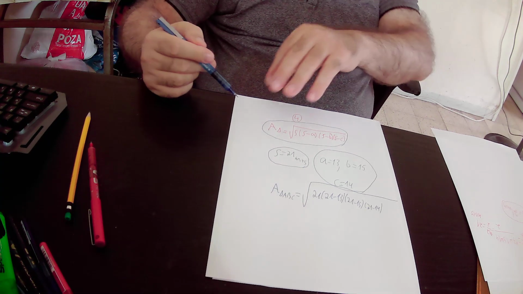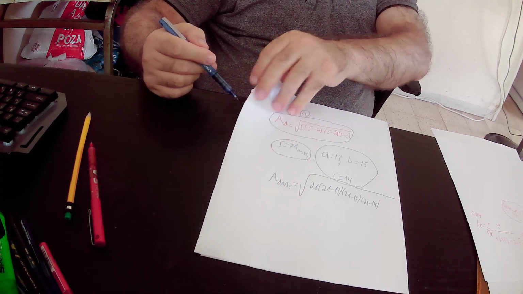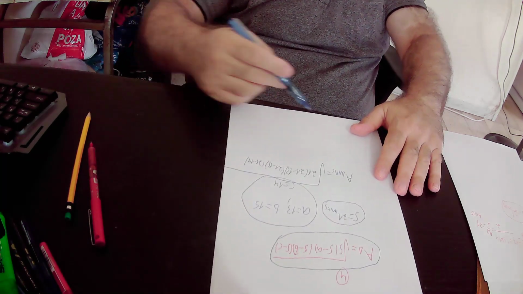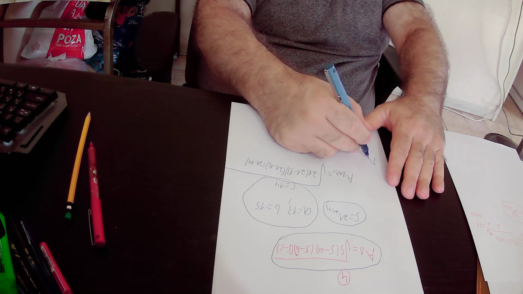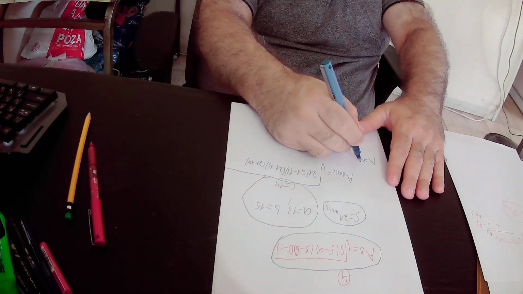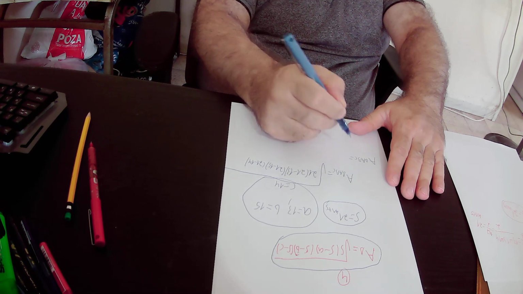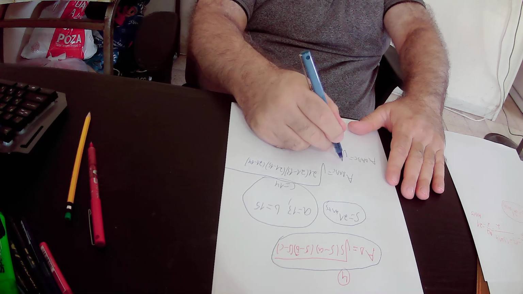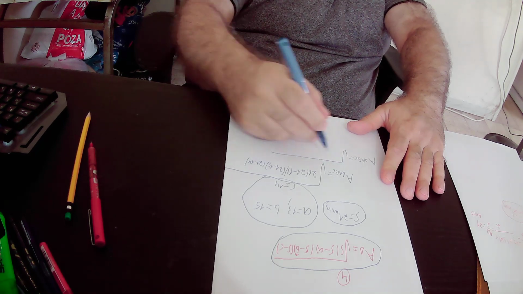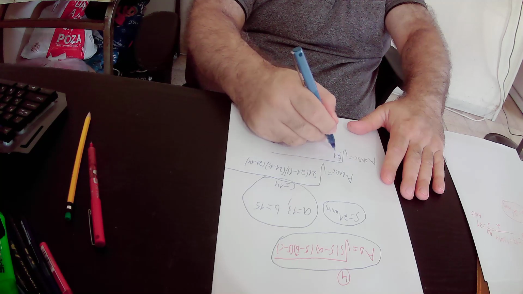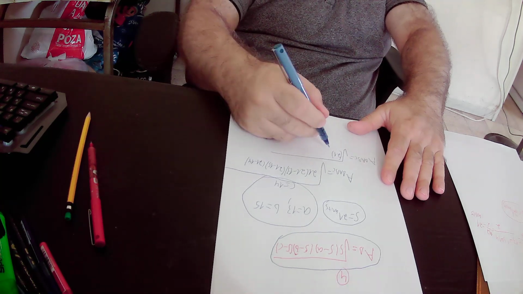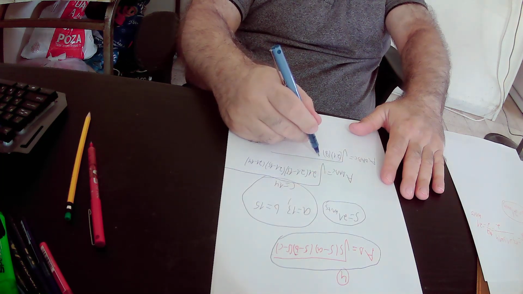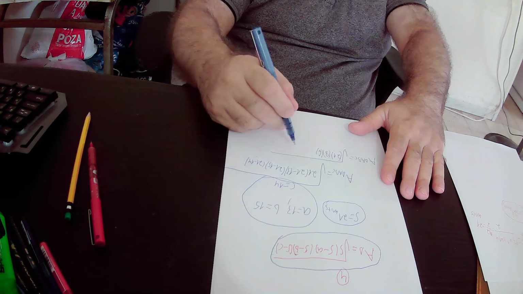We know that 21 minus 13 is 8, 21 minus 15 is 6, and 21 minus 14 is 7, so I'll write it down. So the area of triangle ABC equals the root of 21 times 8 times 6 times 7.